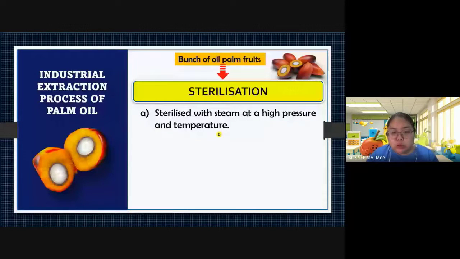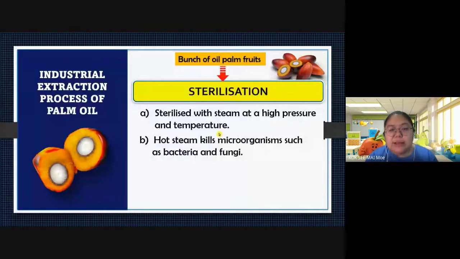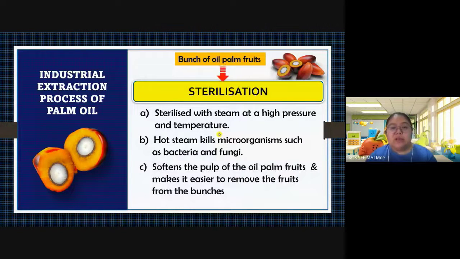Number two, the hot steam kills microorganisms such as bacteria and fungi. Then, it can soften the pulp. Pulp means the orange part of the oil palm fruit. After that, it is easier to remove the fruit from the bunch.